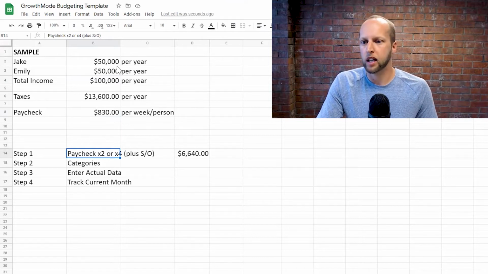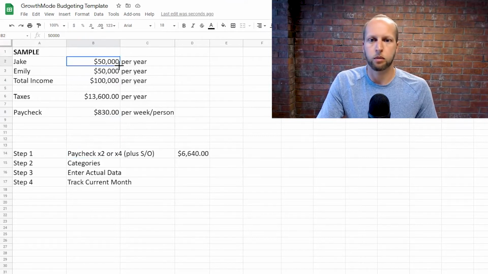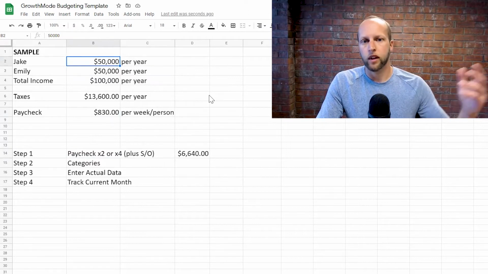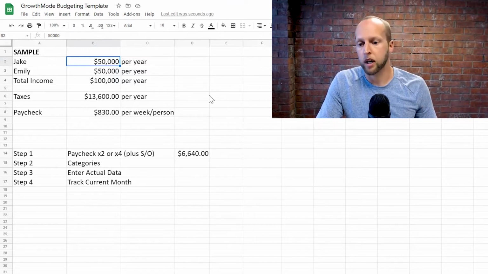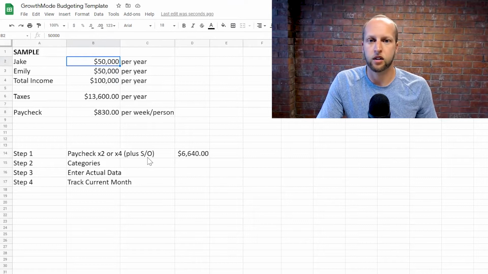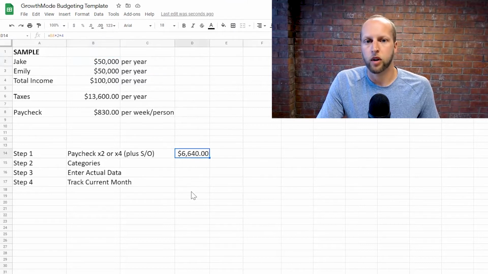So a lot of people will take whatever they're making gross. So if you're making $50,000 a year, whatever that paycheck comes in, it's not $50,000 a year divided by 52 weeks, or 26 if you get paid every other week. And so if you just look at your pay stub and then multiply it by either 2 or 4, and then add that to your significant other, if you have one, then you're basically going to arrive at the number that you have to work with.